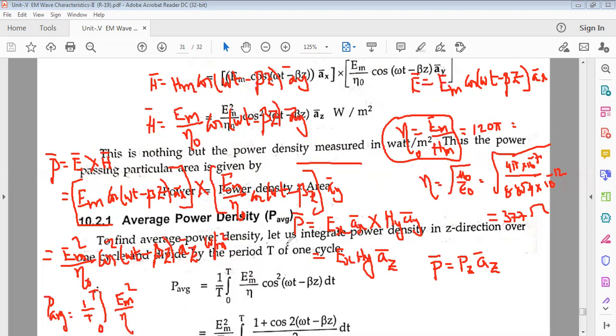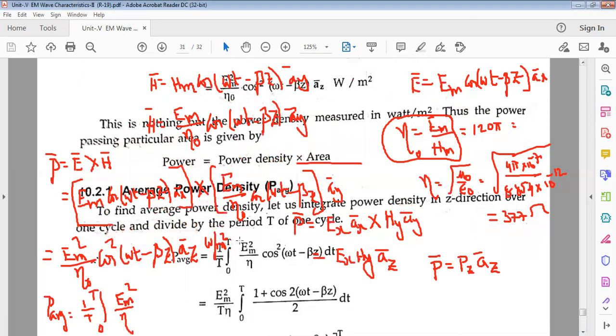To find the average power density, let us integrate the power density in the z direction over one cycle, and divide by the period T of one cycle.